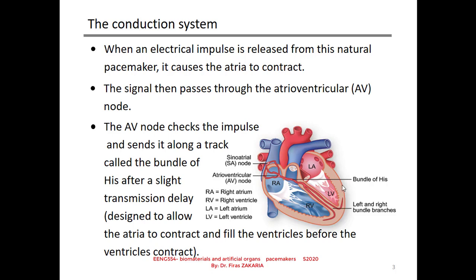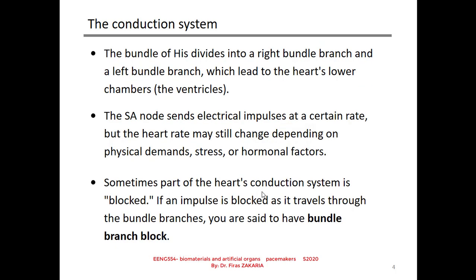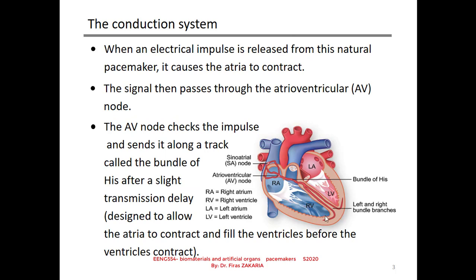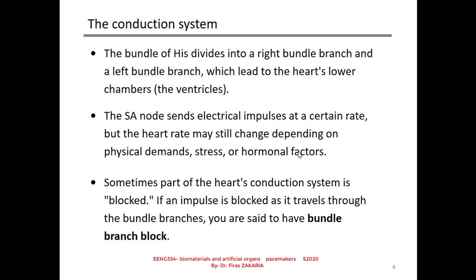These filaments are known as Purkinje fibers. So the bundle of His divides into a right bundle branch and a left bundle branch, as we saw here in the picture, which lead to the heart's lower chambers, the ventricles.